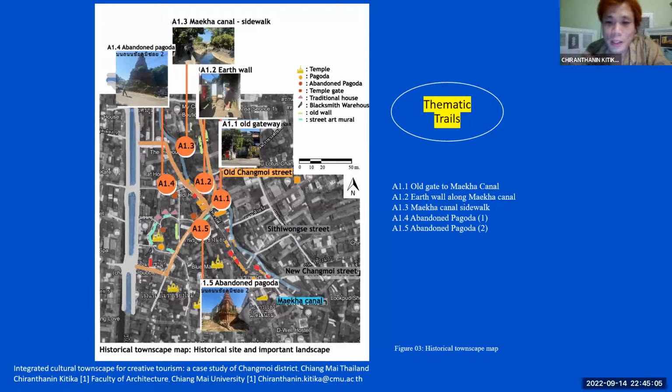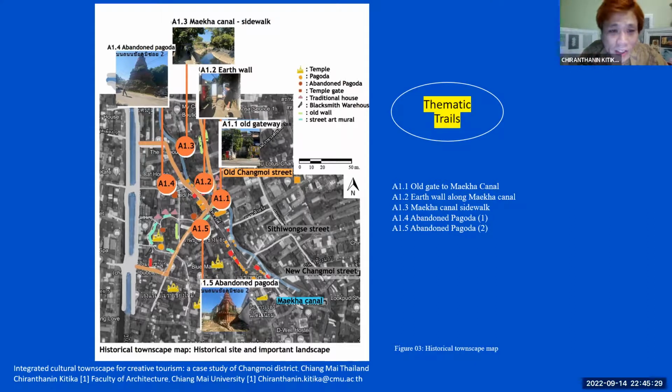For the first one, this is an idea from local people and civil society. They mention many things, but I analyze and visualize it as the historical landscape. This landscape represents Chiang Mai as traditional and historical.